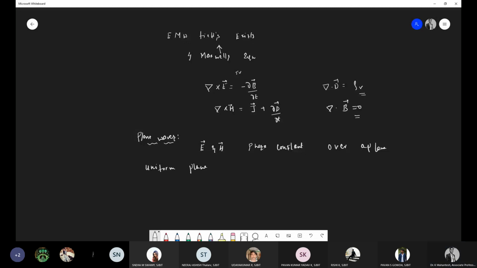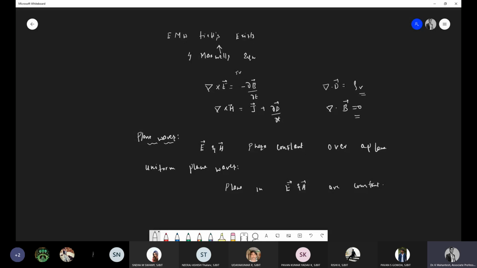Uniform plane waves: a plane in which amplitude and phase of the vectors E and H, that is electric field and magnetic field, are constant. We call it a uniform plane wave.